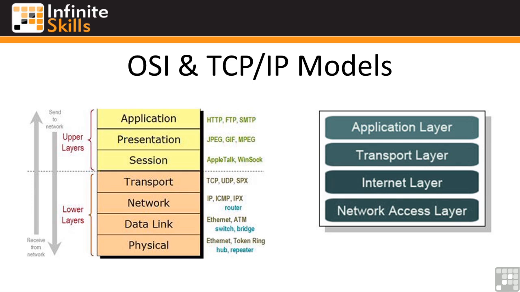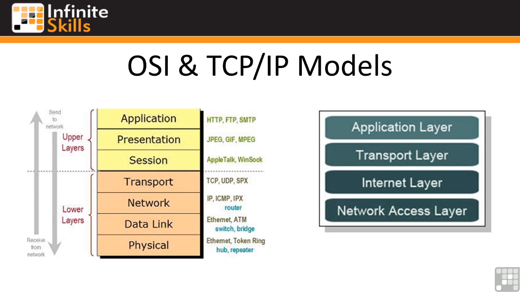So you'll often hear people talk about, when they're having network conversations, something that happens at layer 2. A layer 2 problem is something that would relate to, for example, using a switch. So if you're talking about a switch and you hear somebody talk about layer 2, they're talking about the data link layer. Or if they're talking about a router problem and they say, well, that's a layer 3 thing, they're talking about the network layer.